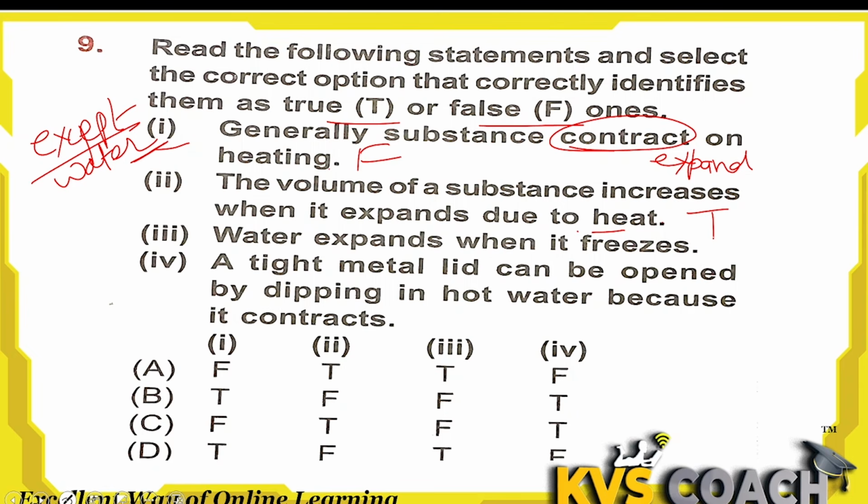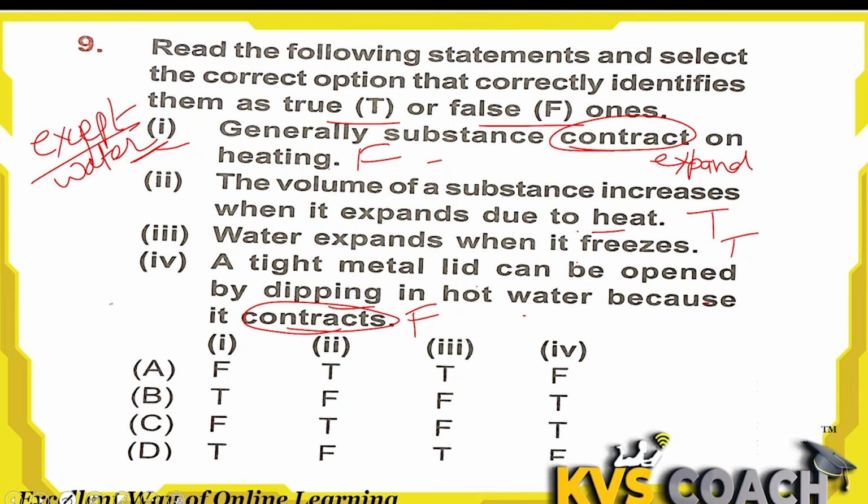This is true. Water expands when it freezes. This is absolutely true. I told you in the first part also that water expands only when it freezes. Okay, but other substances expand when they are heated. Next, 4th: a tight metal lid can be opened by dipping in hot water because it contracts. Again, this is a false statement. A tight metal lid can be opened by dipping in hot water because it expands, not contracts.